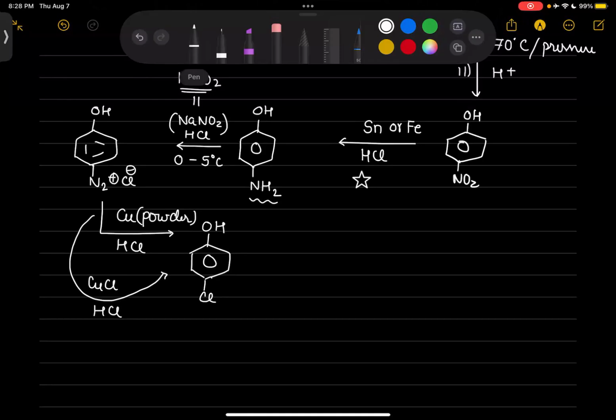You need to heat it also because then N2 will break. Is it clear to all of you? Any doubts on this?